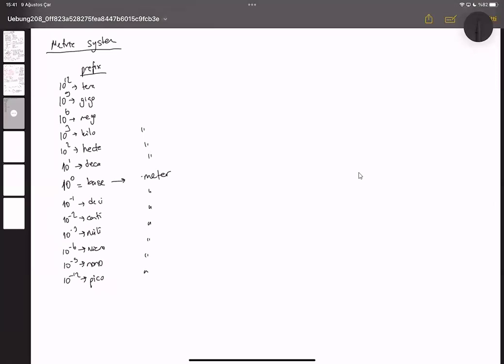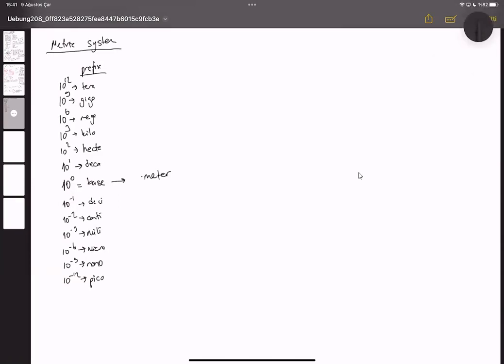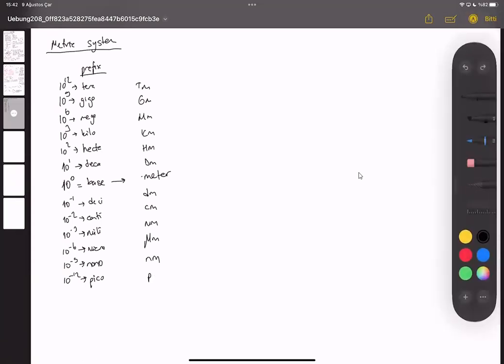But how can we symbolize them? For example, decameter, hectameter, kilometer, megameter, gigameter, and terameter for meters. For the inverse, we can say decimeter, centimeter, millimeter, micrometer with the letter mu, nanometer, and finally picometer.